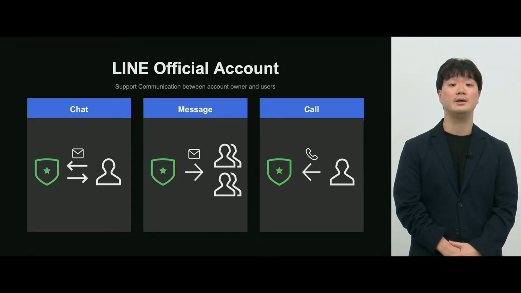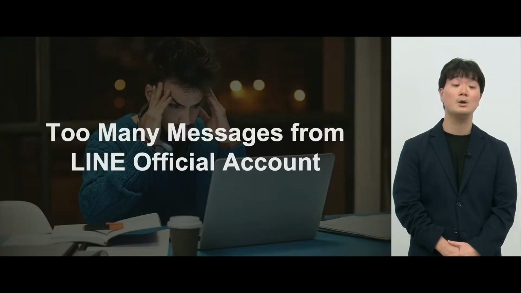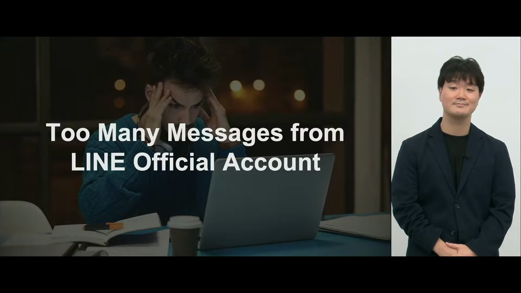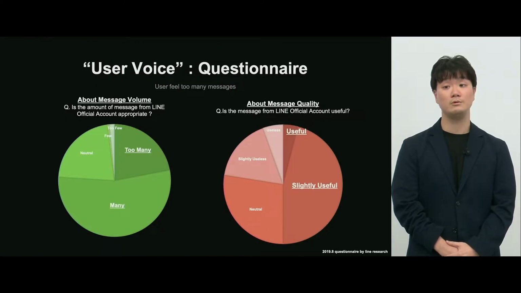For this Line Official Account, it has been facing one big issue. That is, for many users, there are too many messages sent from the Line public account. It's too much.